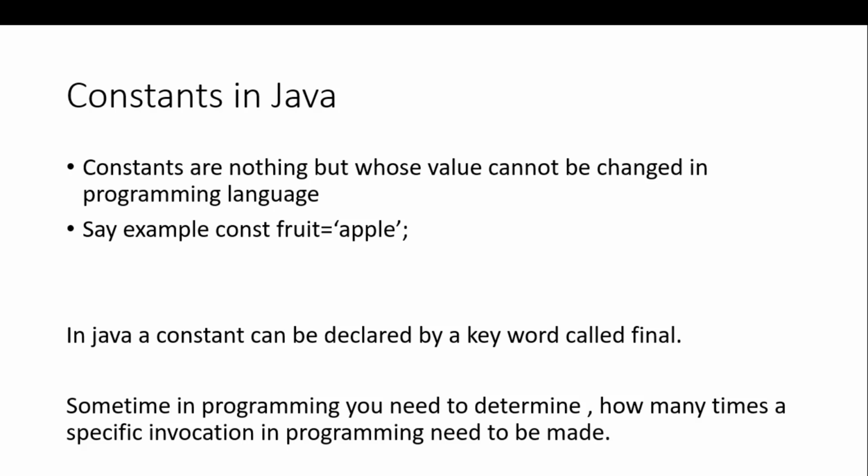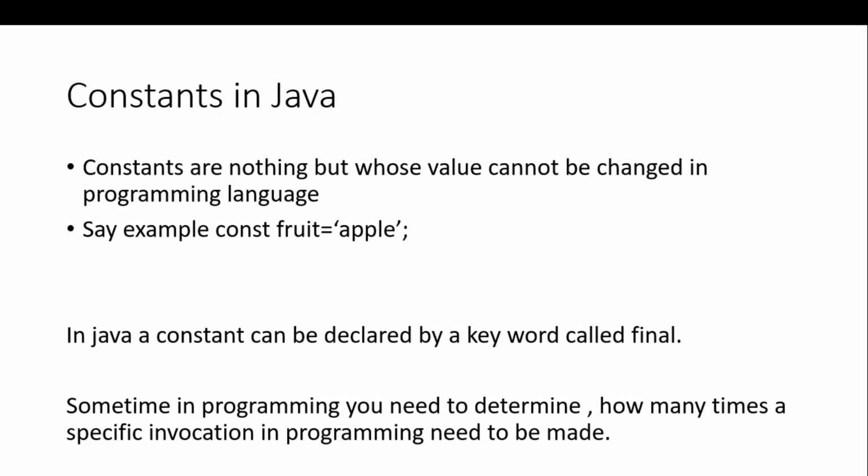For example, if you declare a variable fruit equal to apple, and later try to change fruit equal to orange, the variable fruit, which holds the value apple, is not going to change despite you changing it to orange. So this is an example of it.